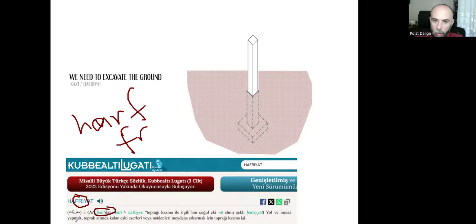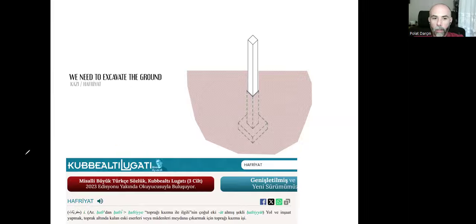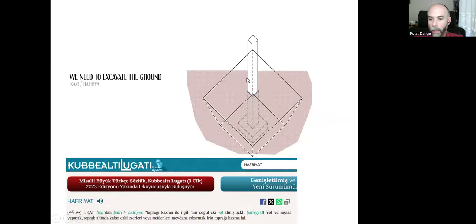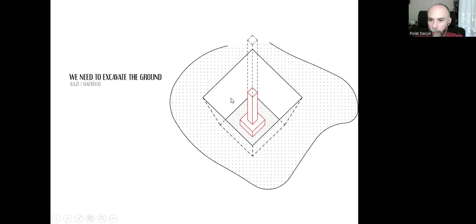It's the root of the word. Okay. We excavate the ground like that. We do the construction, and once we are above the upper surface of the soil, then we put all the earth back. We bury this foundation.